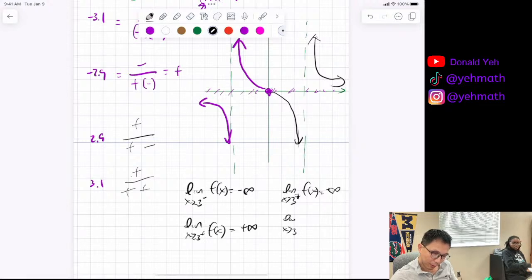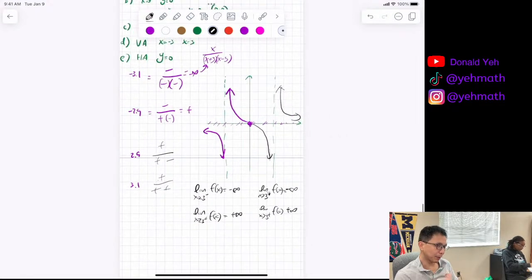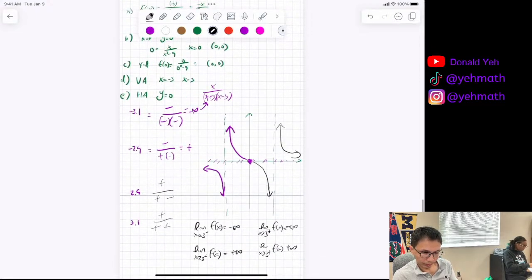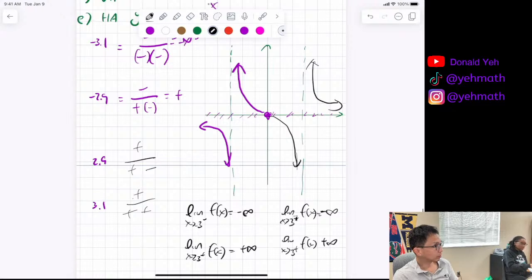Limit as x approaches 3 from the positive side is going to be positive infinity. So this is what I end up with because I checked all the signs. And that's my graph. Very simple. It's not as hard as it looks.